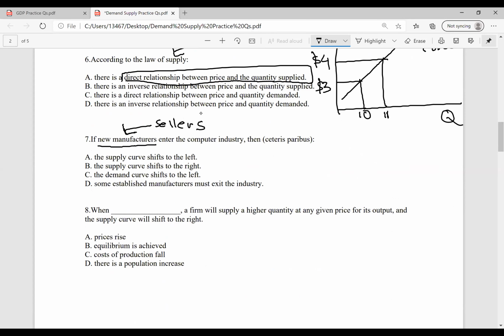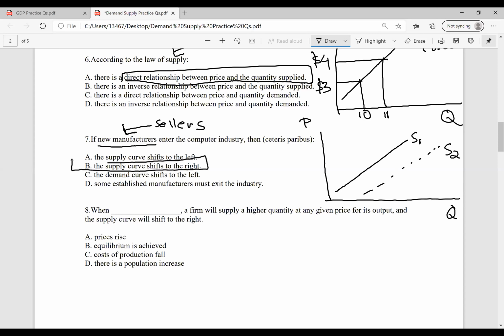I want to look at this from the seller's point of view. This one is my initial supply curve here. Don't forget the price and quantity. More sellers are entering the market. The supply curve will shift to the right. Okay.